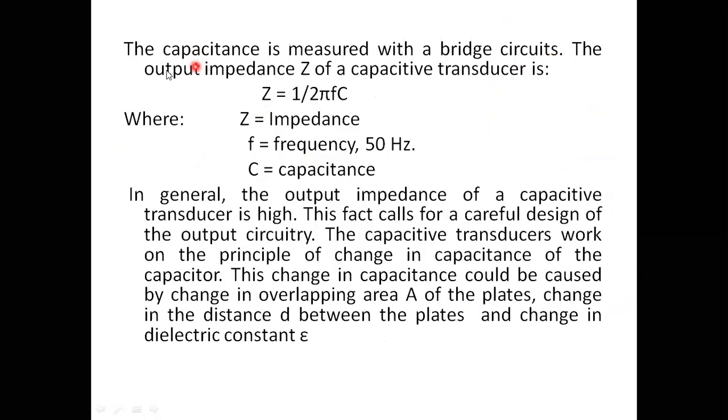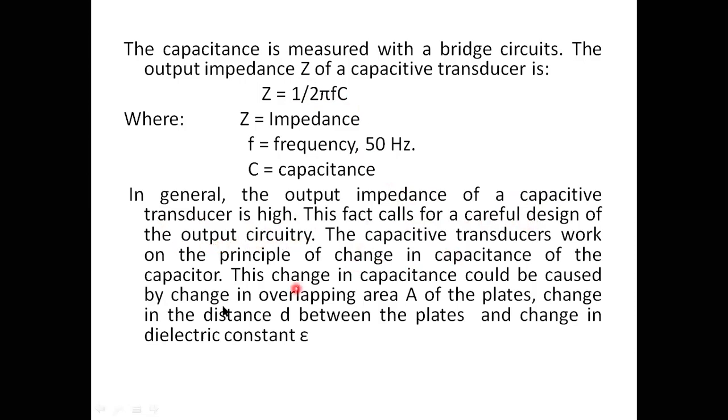The output impedance Z of a capacitor transducer is Z equal to 1 by 2 pi fC, where 2 pi is a constant, f is the frequency of the input signal which I have applied, and C is the capacitance. In general, the output impedance of a capacitor transducer is very, very high. This fact calls for careful design of the output circuitry.